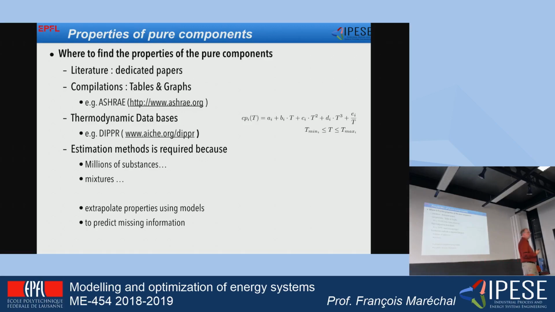I have already explained that the values can be found in thermodynamic databases. I have shown the NIST database, but there are also the ASHRAE that is compiling values, the DIPPR which is also another thermodynamic database, where you will find the value of A, B, C, D, E.